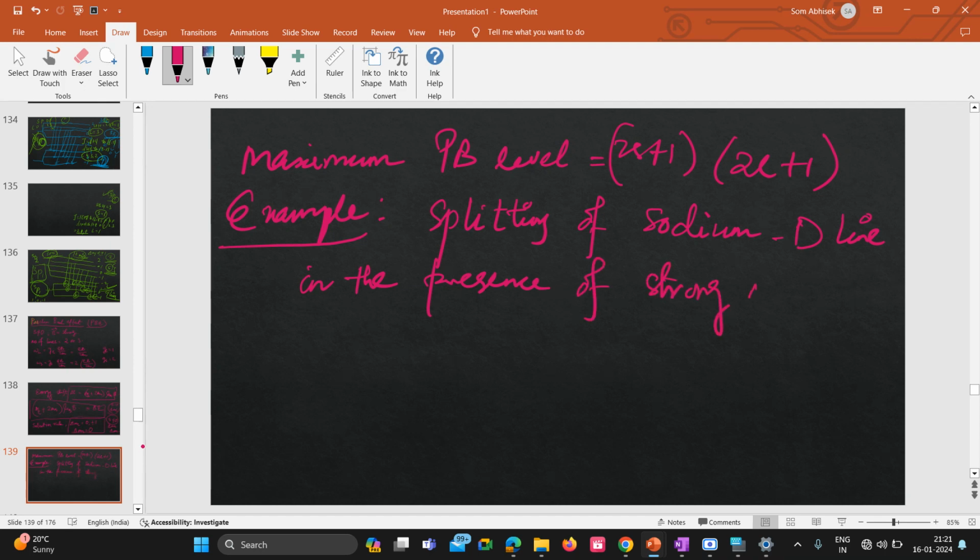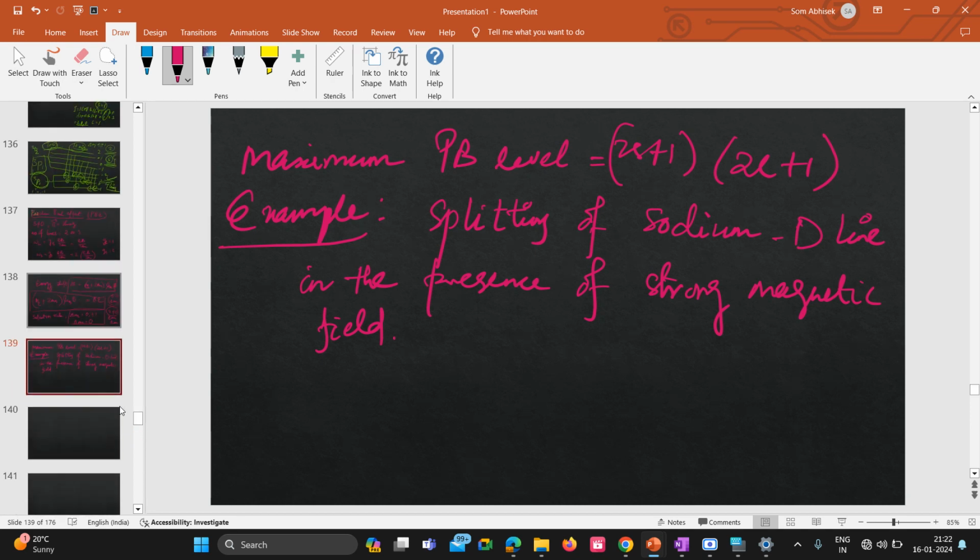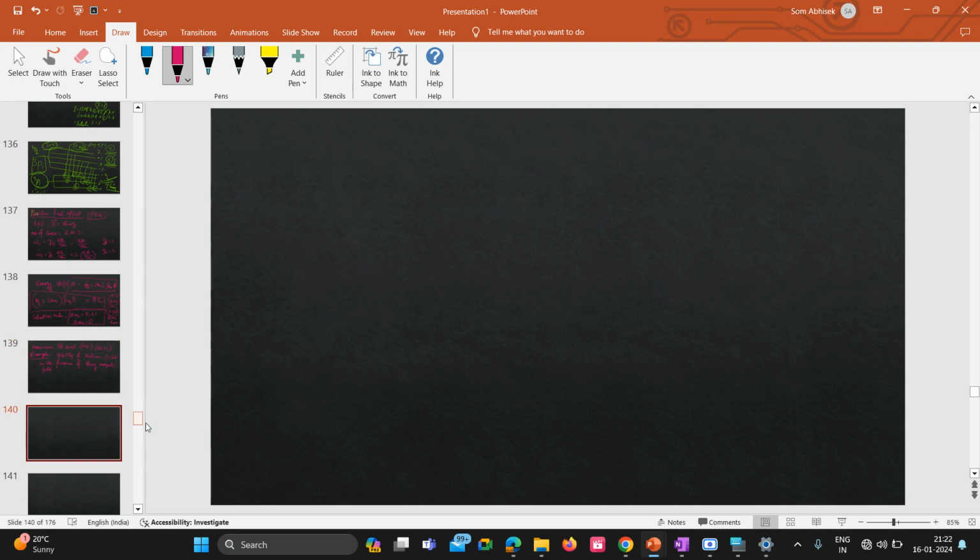How does sodium D line split in the presence of strong magnetic field? We'll see that here. I will do it in another slide. So sodium D line is the transition 3p to 3s.